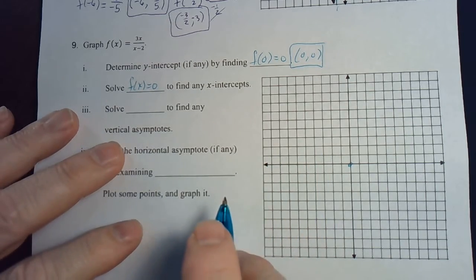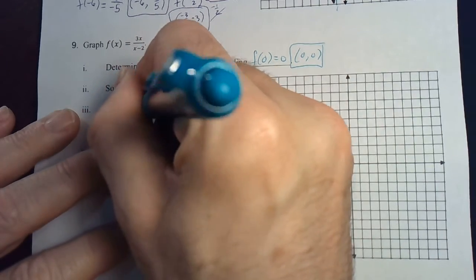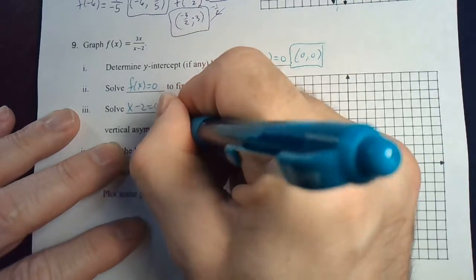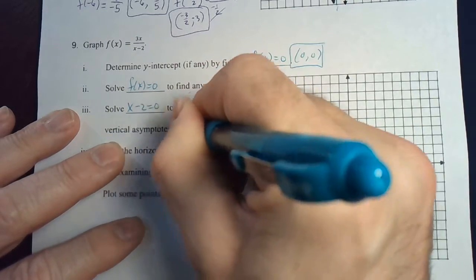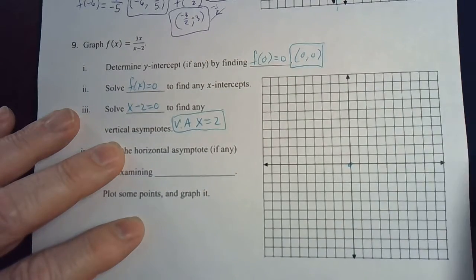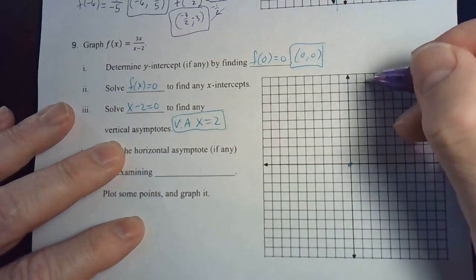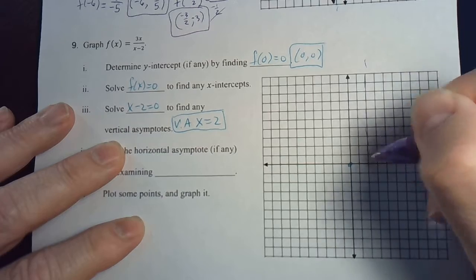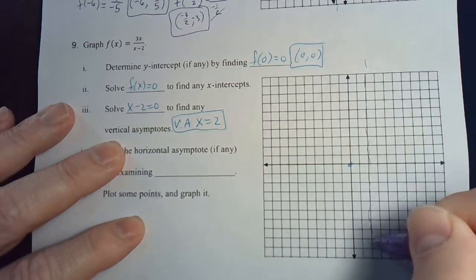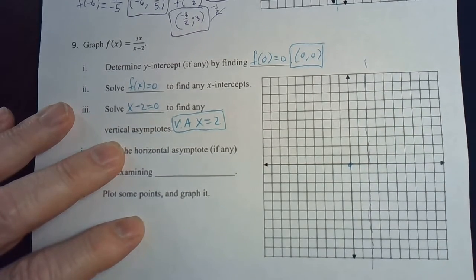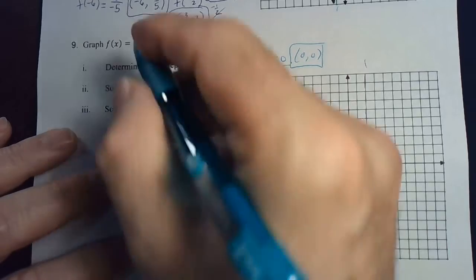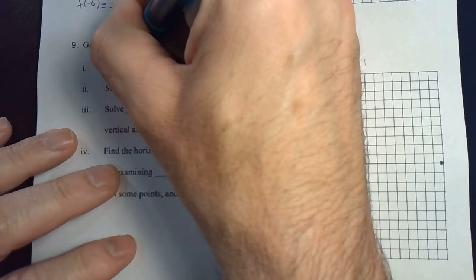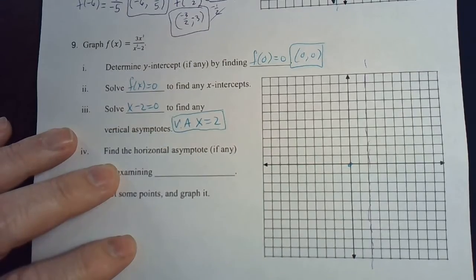To find the vertical asymptotes, we set the denominator equal to 0, which means our only vertical asymptote is x equals 2. X equals 2 will be this vertical line. And now we find the horizontal asymptote. Well, it's similar to the last one in that the exponents, the degree of the top and bottom, are both 1.